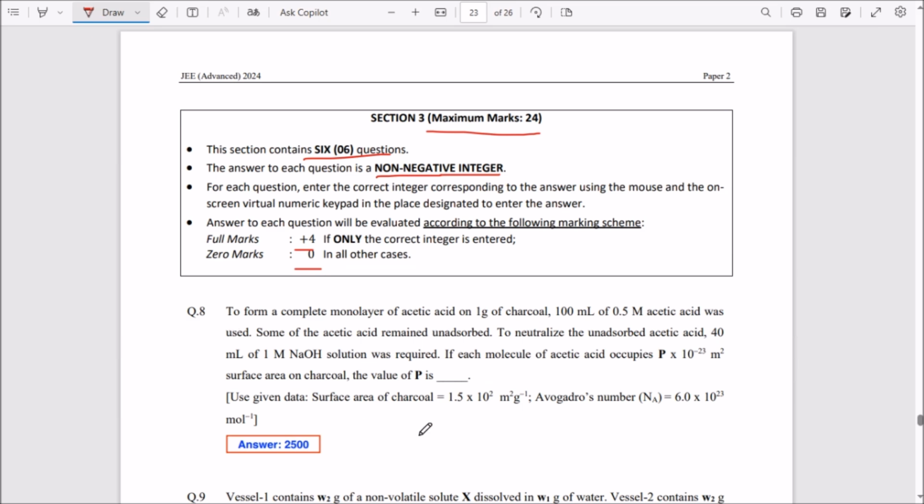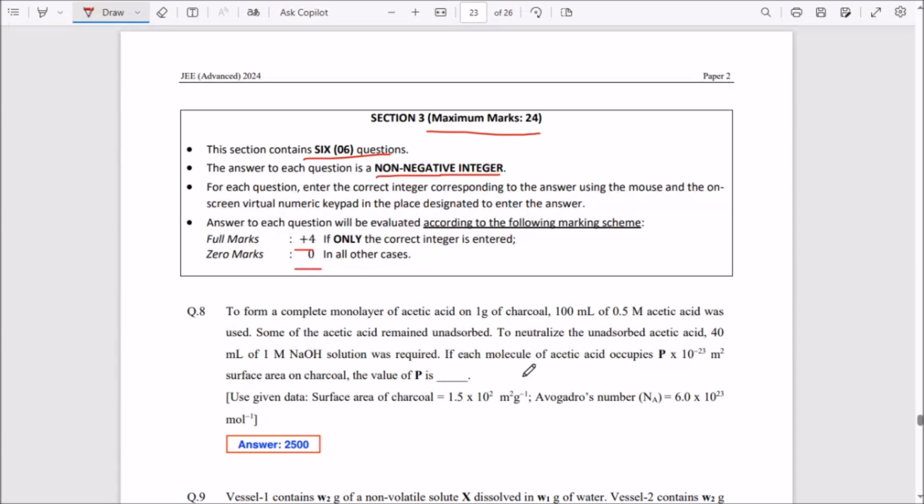Question number 8. To form a complete monolayer of acetic acid on 1 gram of charcoal, 100 ml of 0.5 molar acetic acid was used. Some of the acetic acid remained unadsorbed. To neutralize the unadsorbed acetic acid, 40 ml of 1 molar NaOH solution was required.